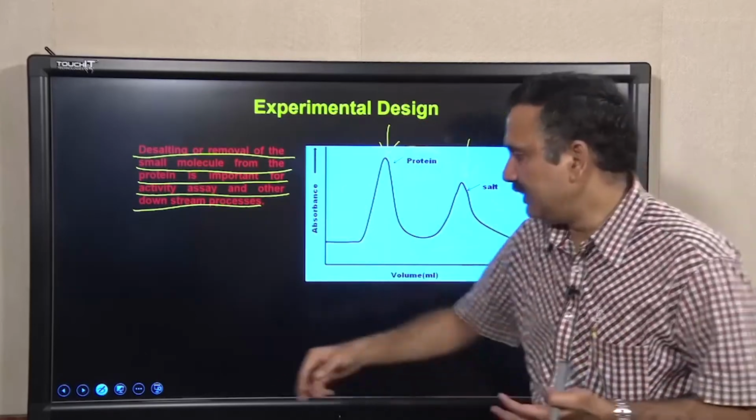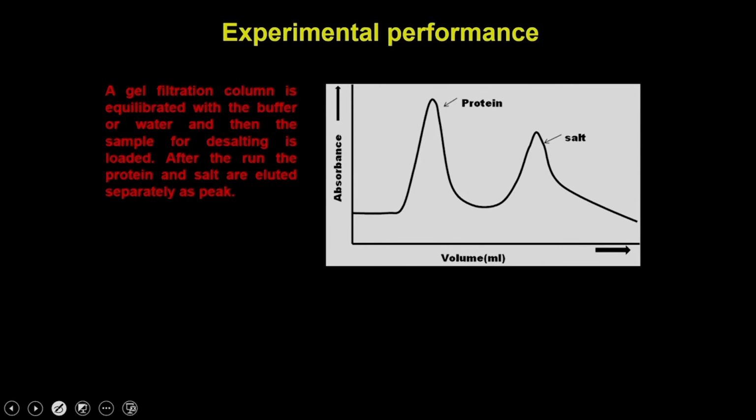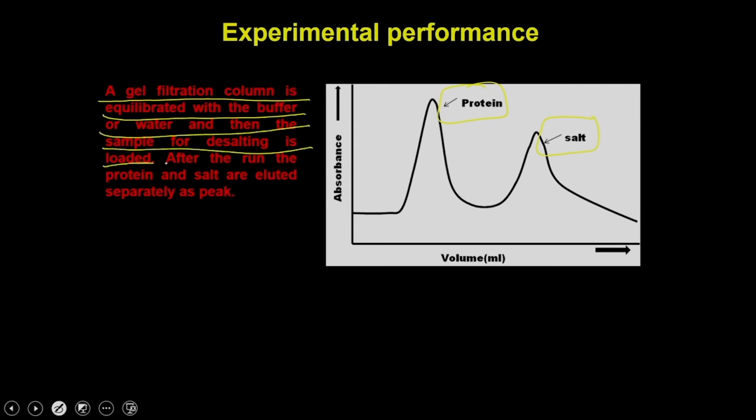So, when you load the sample onto the NAP10 desalting column, you can get the protein separate and the salt separate, because the gel filtration column is equilibrated with a buffer or water, and then the sample for desalting is loaded. After the run, the protein and the salts are eluted separately as peaks.